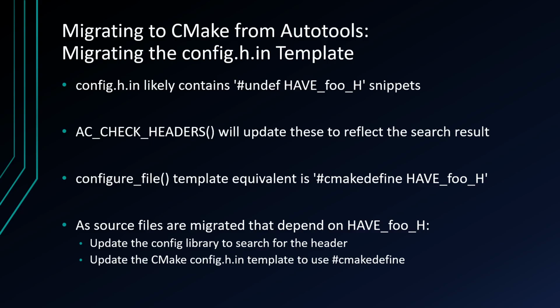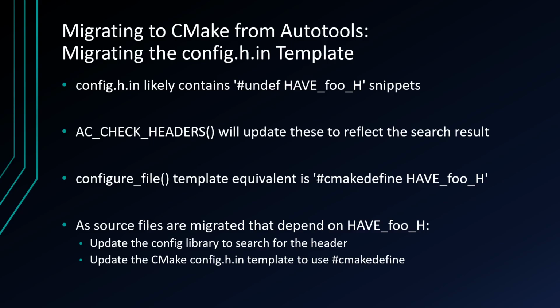There's a truthiness, a set of values that evaluate to true, and a set of values that evaluate to false, like OFF or FALSE or empty string. And the #cmakedefines get processed by configure_file in the template, and then when the config.h is written out, you'll see #define HAVE_FOO_H, or if the variable was falsy, then you'll see a commented out #undef HAVE_FOO_H. So it's a little bit different.